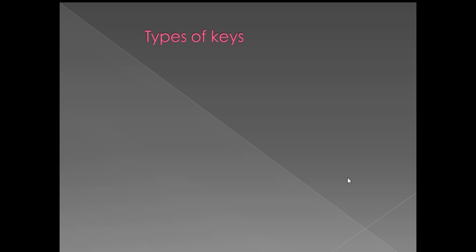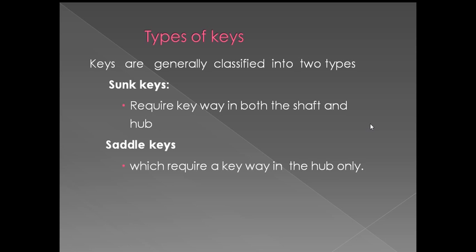For high strength, we use alloy steels. So next important is types of keys. The main types are sunk keys and saddle keys. Others we have are tangent keys, round keys, and splines. So first basic one is sunk keys and saddle keys.